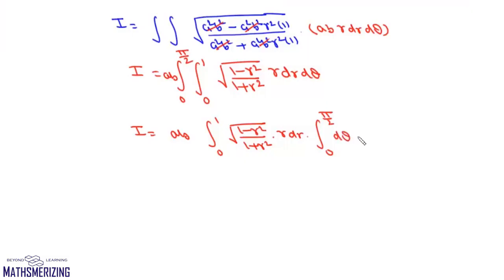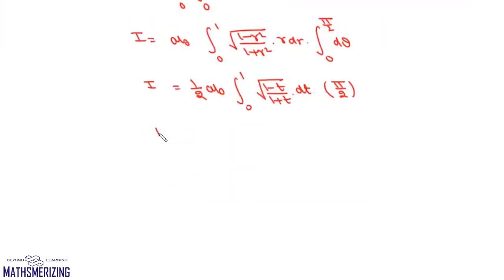d theta. Now in the first one we'll take r^2 as t, then r dr will be dt by 2. So we can write this as I equals 1/2 ab, this is from 0 to 1 the square root of (1 minus t) upon (1 plus t) dt, and here d theta integrates to theta and that will be pi by 2. So this integral will be pi by 4 ab, and then this integral from 0 to 1.